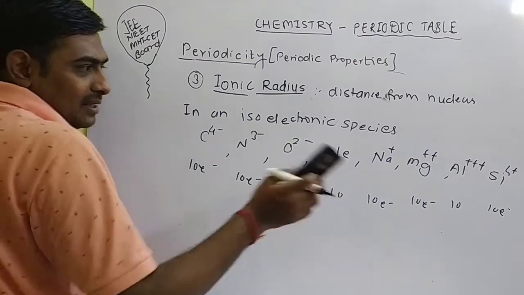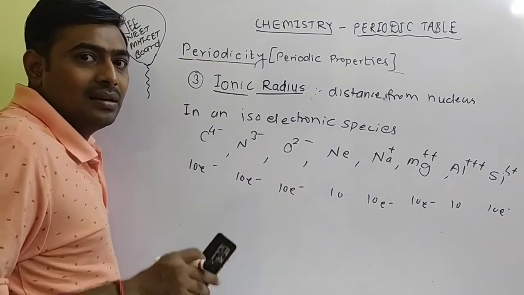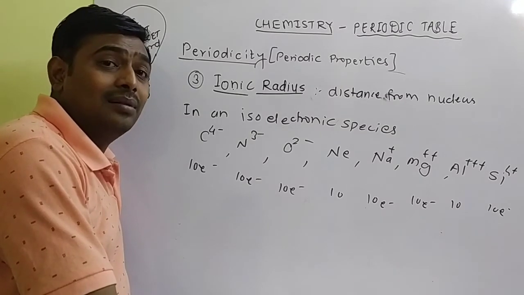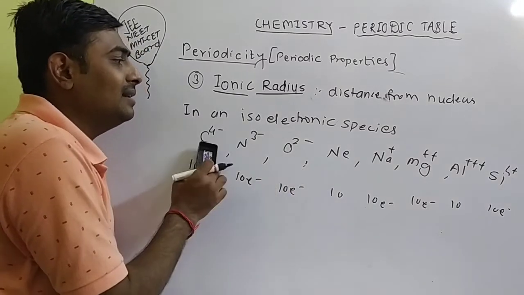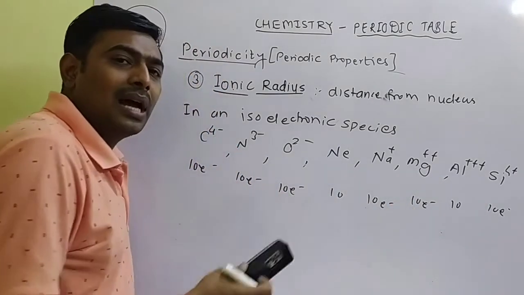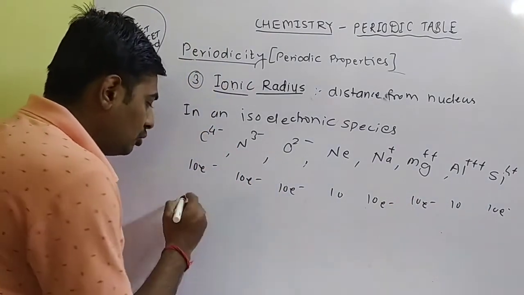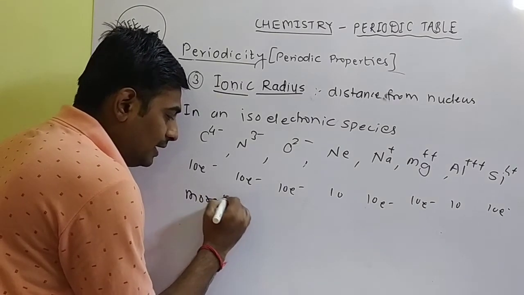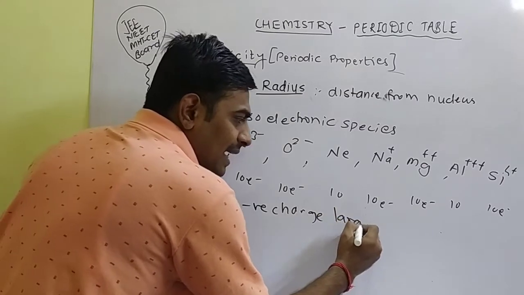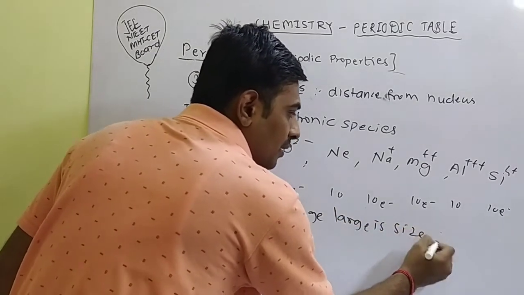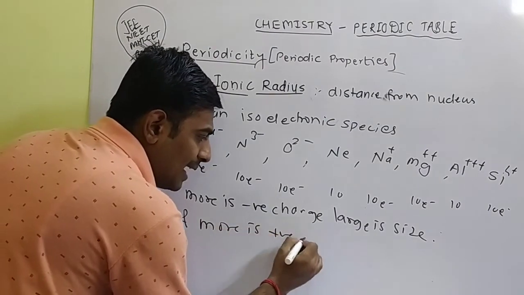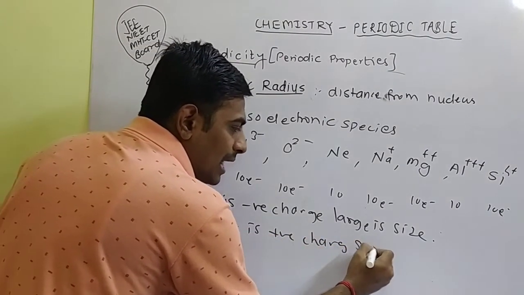So what happened in this series? Which is larger in size? According to our rule, the anion is larger than the atom, which is larger than the cation. Here there are anions, which are larger. But how will we arrange them? The more the negative charge, the larger the size, and the more the positive charge, the smaller the size.